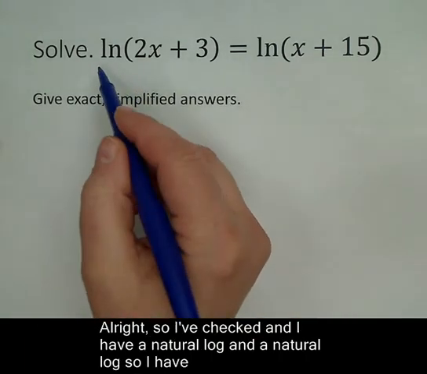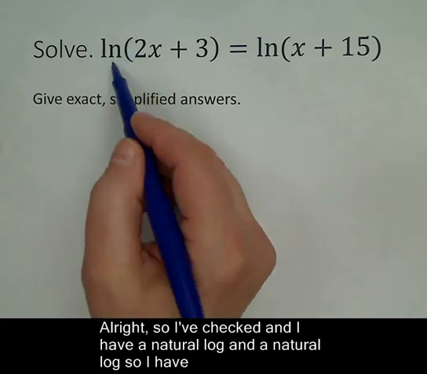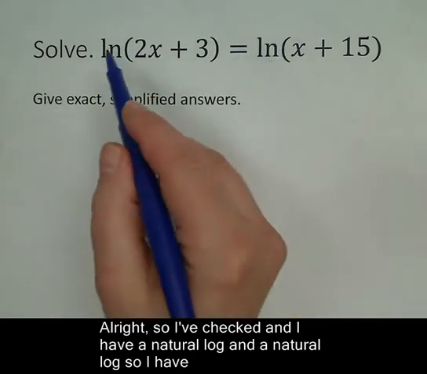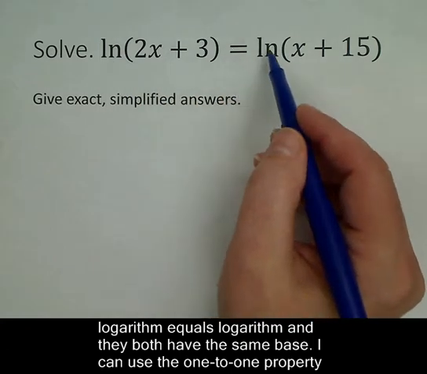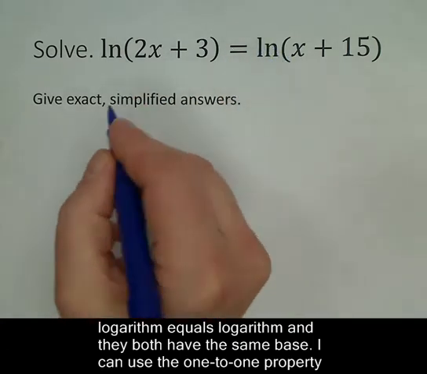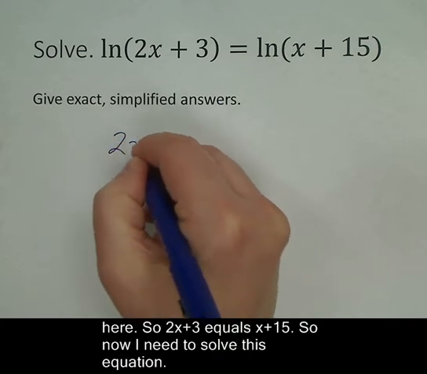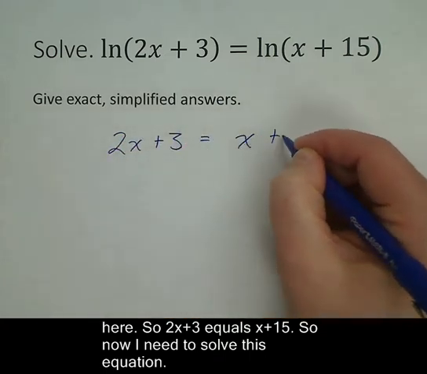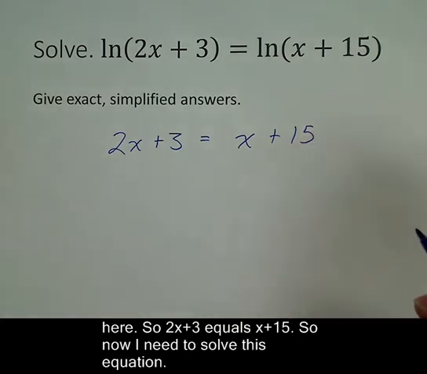All right, so I've checked, and I see that I have a natural log and a natural log. So I have logarithm equals logarithm, and they both have the same base. I can use the one-to-one property here. So 2x plus 3 equals x plus 15. So now I need to solve this equation.